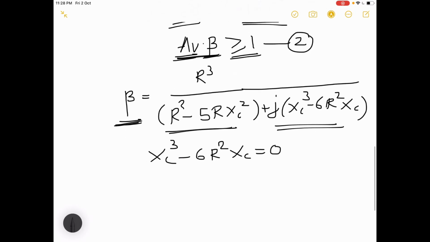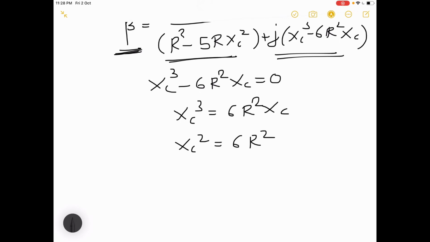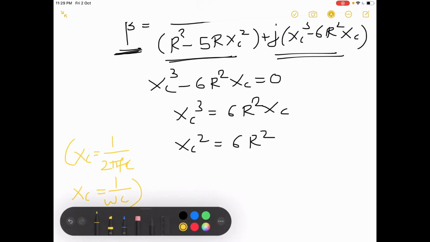Now, solve this, you will get Xc cube is equal to 6R square Xc, then Xc square equal to 6R square. Xc is nothing but 1 upon 2 pi fC, or you can write it as Xc is equal to 1 upon omega C. So put this value in this equation.